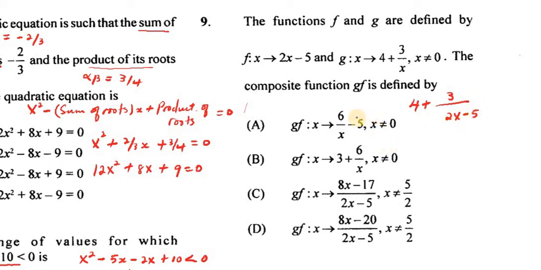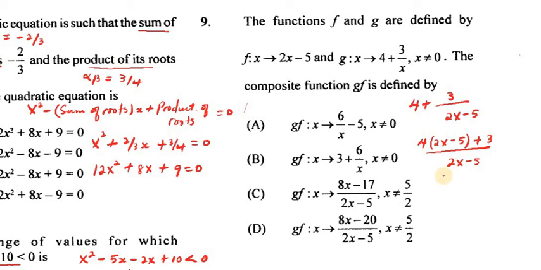When we examine the answers here, we realize that this has to be further simplified. So I end up with 4 by 2x minus 5 plus 3 divided by 2x minus 5.